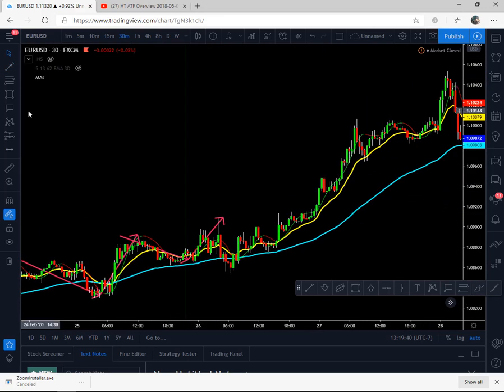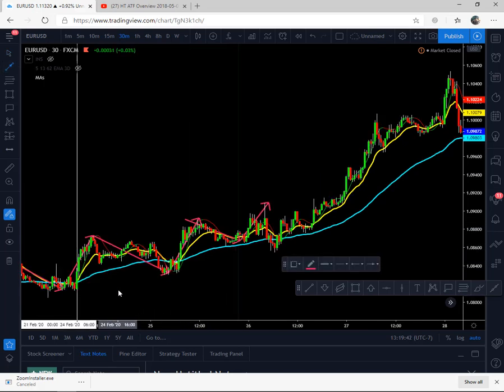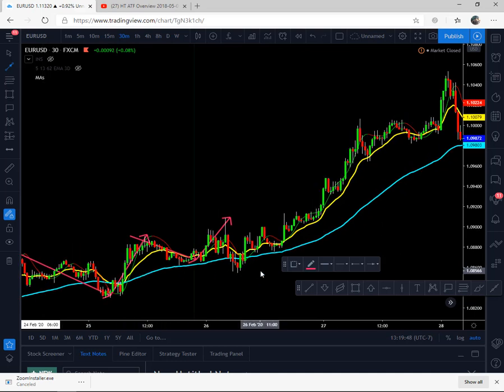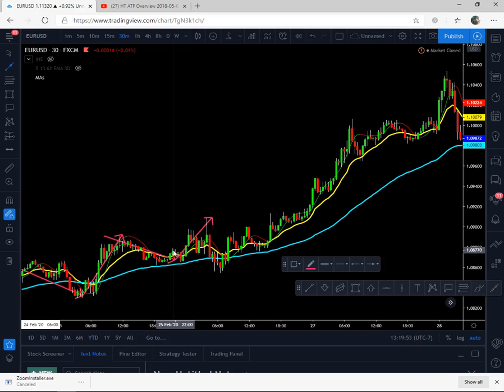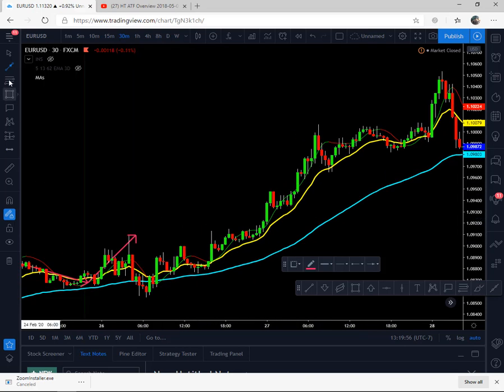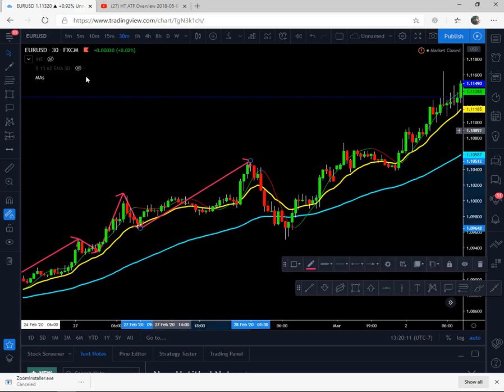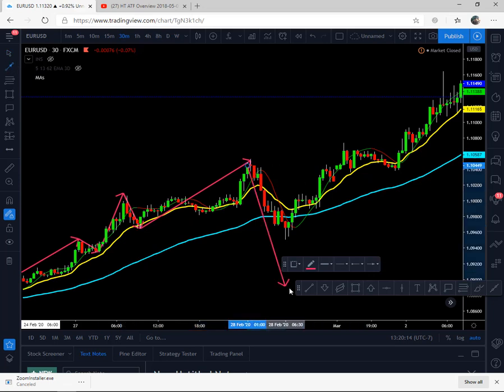And price just kept going and going. As you can see, there was no further 13 62 cross. Price just kept going up, making those higher highs.